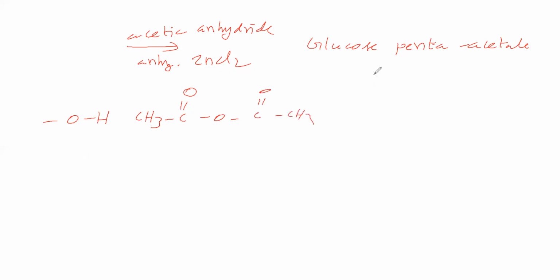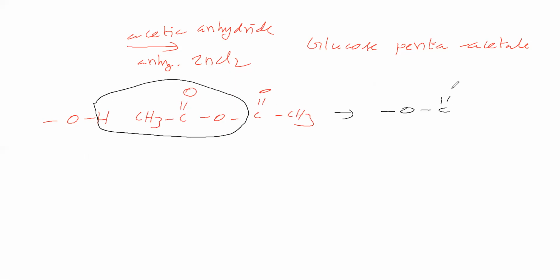What we get is OCOCH3, acetate. So an alcohol reacts with an acid derivative, acetic anhydride, to give an acetate.